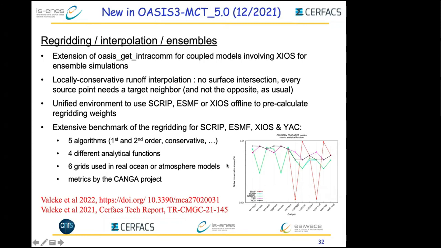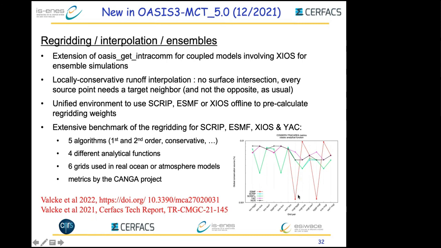And you have here just an illustration. For example, this gives you the global conservation, with different couples of grids on the x-axis. Those are grid acronyms, and you see the results for the different libraries: ESMF script with 2 different options, YAC in pink and XIOS in black.